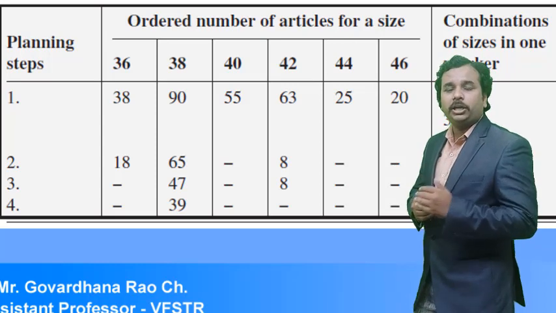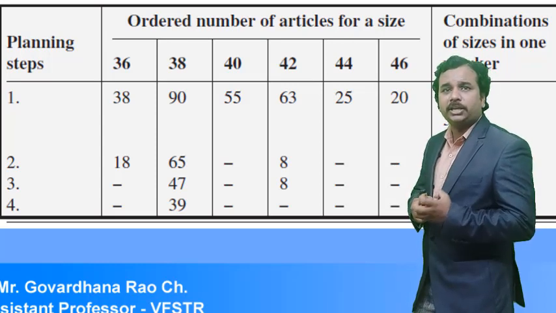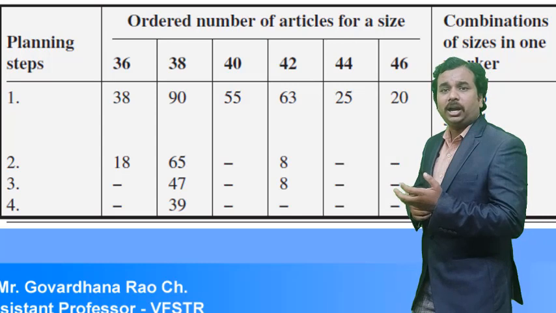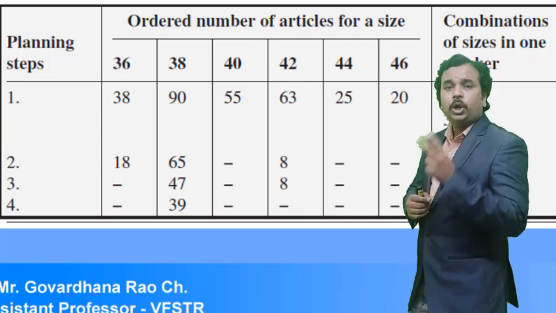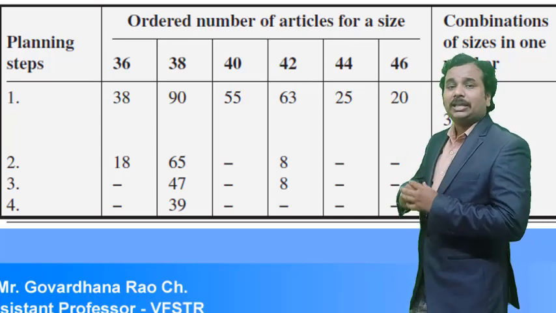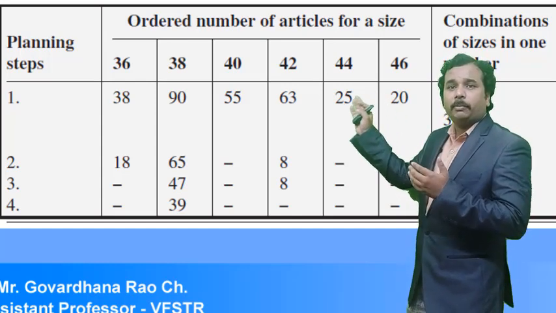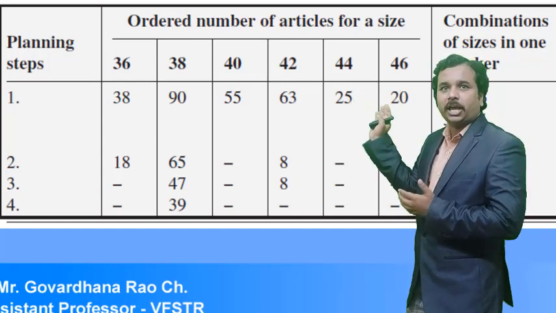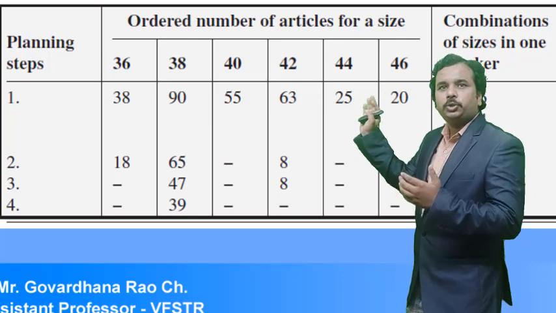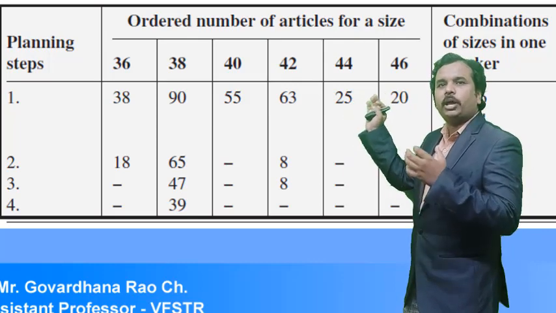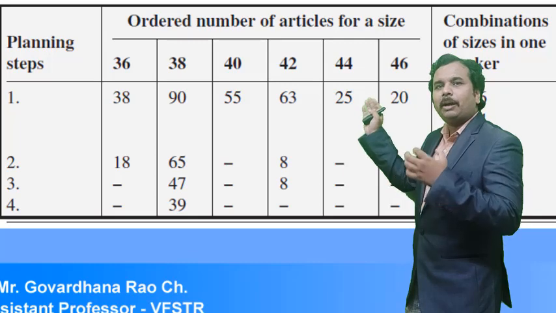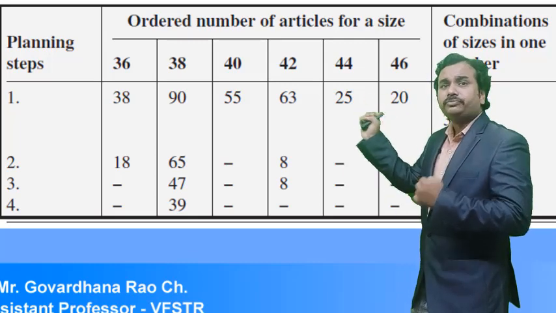What we are doing is combining different sizes to make a marker. I have combined two different sizes, 36 size and 46 size, and we are going to use 20 plies.